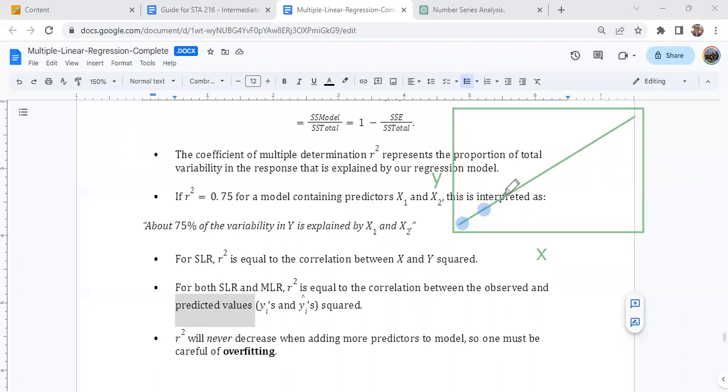What if all of our data points were like this? They fell exactly on our line of best fit. What would the R squared be for this model here? It would be 1, right? The correlation between the predicted values, which are all on the straight line, and the actual Y values, which are given by the height of the points here, those are perfectly correlated in this example. So the R squared is going to be 1.